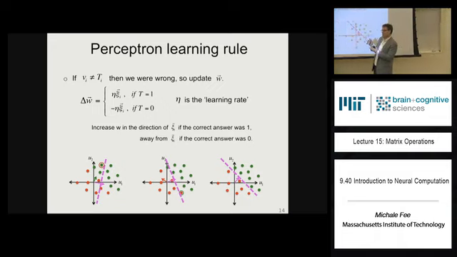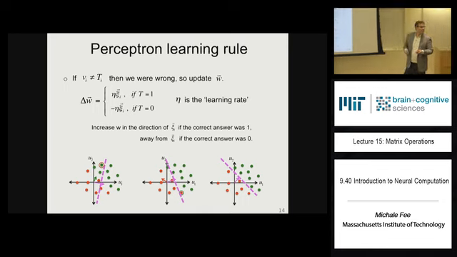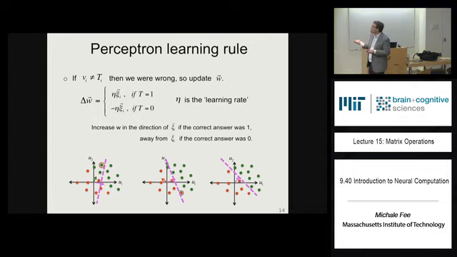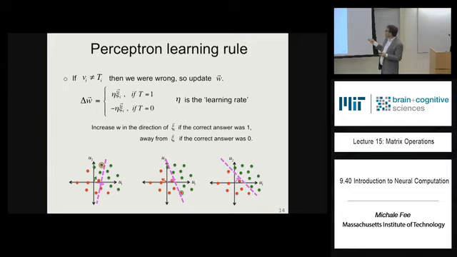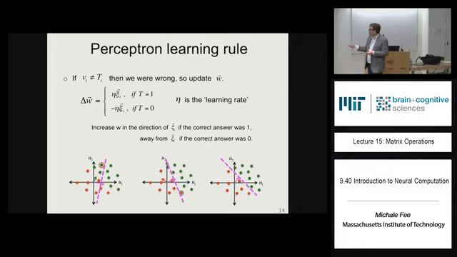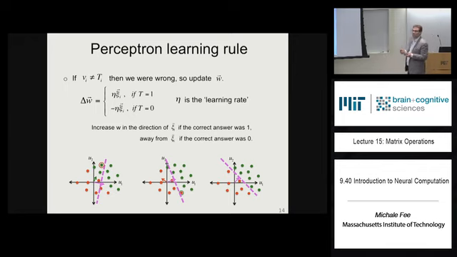Basically, the answer is start small and increase it until it breaks. Okay, any questions about that? You can see it's a very simple algorithm, a way of changing W that is guaranteed to converge toward the best answer in separating these two classes of inputs.